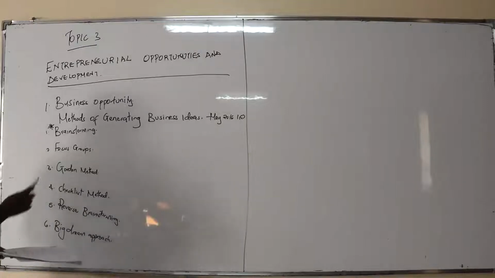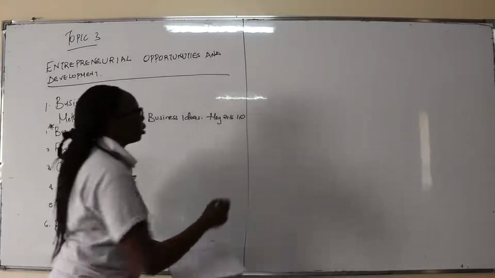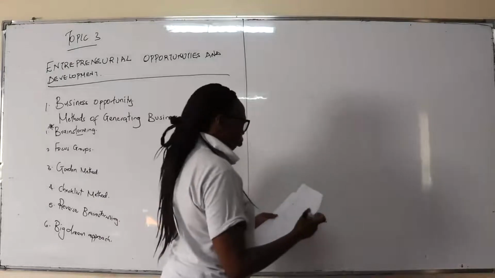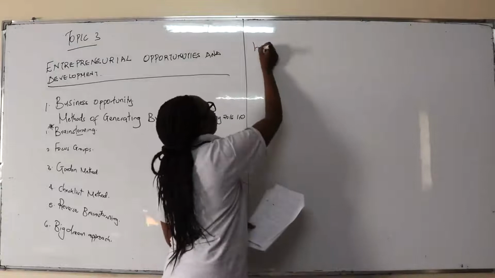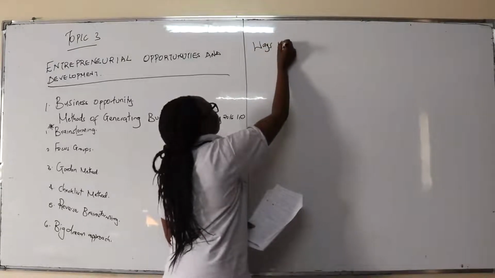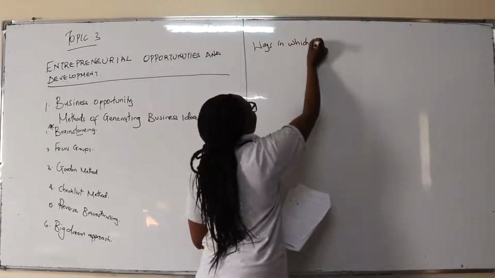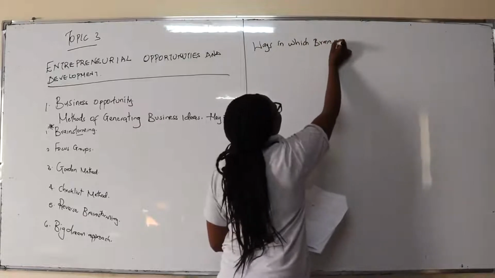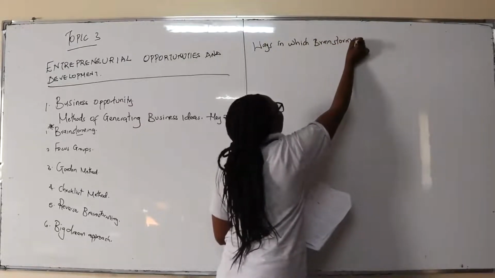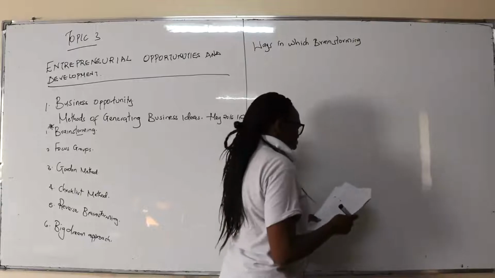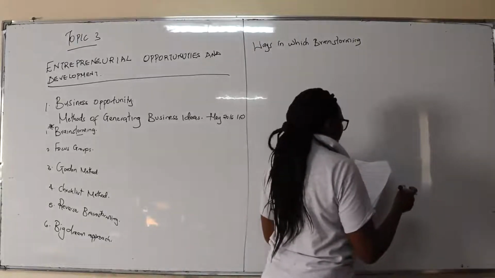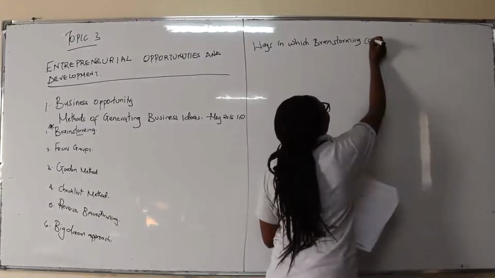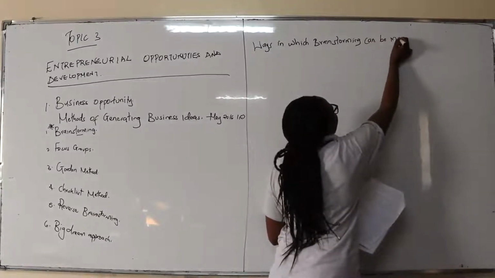I've said that I'm going to major on brainstorming. When it comes to brainstorming, I want us to look at the ways in which brainstorming can be made more effective.